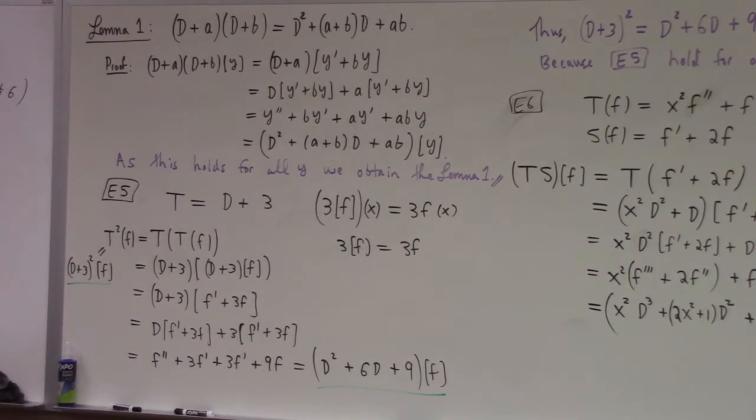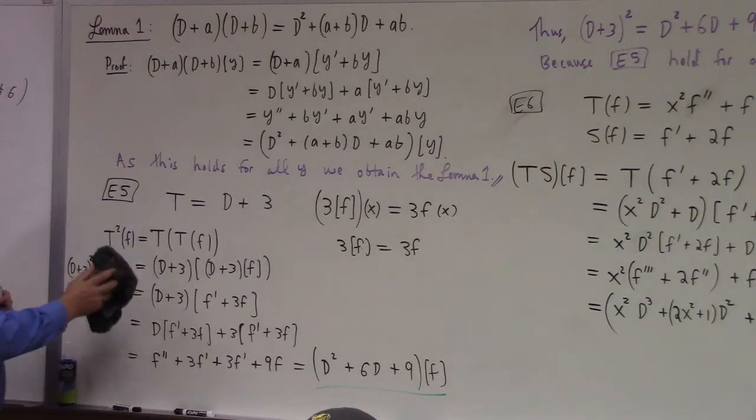So this one shouldn't be hard to remember. What does it say? You can multiply the differentiation operator and multiplication operator just like they are polynomials. I mean, the usual algebra applies. It's pretty nice.